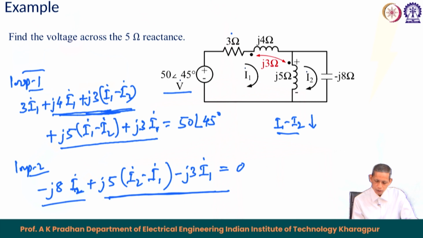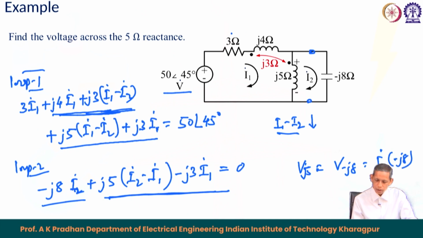With this we can write the corresponding two equations, and then we need to find the voltage drop across the 5 ohm. Note that the voltage across the 5 ohm we can find in two ways. One is the drop across the minus J8 ohm. Let us say VJ5 equals V minus J8, which equals I2 into the corresponding reactance minus J8.